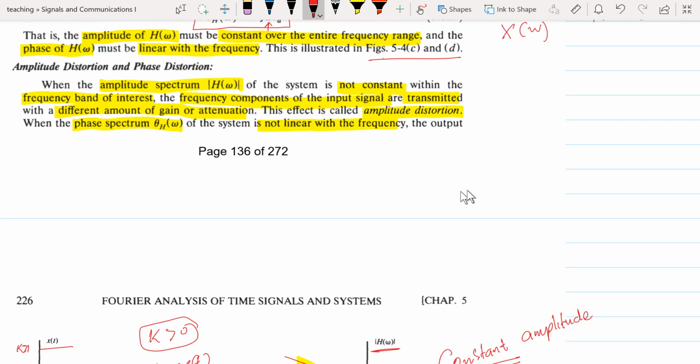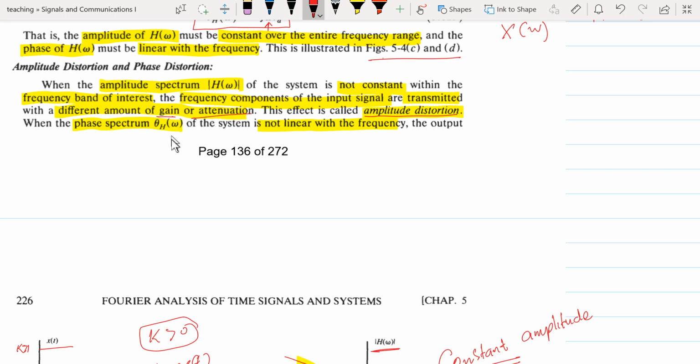the audio signal. So having said that, that kind of distortion that arises due to non-constant gain is called amplitude distortion, such that the different frequency components of the input signal are given different gain or different attenuation from the others.